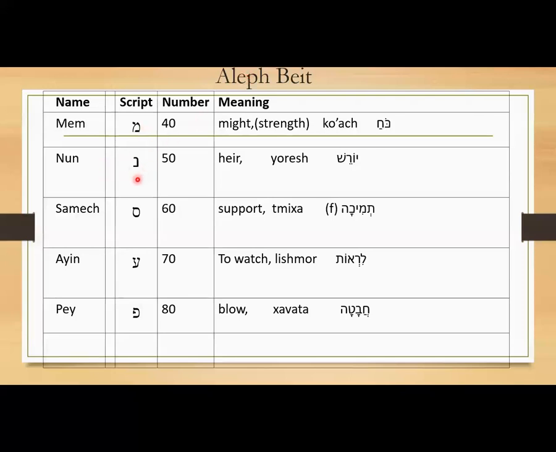Mem, nun, that is the nun, n. 50. And we're going to use the word air, which is under nun, and it is yoresh. So we have y, o, r, e, sh, yoresh.